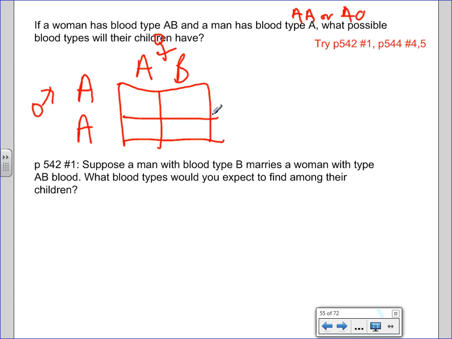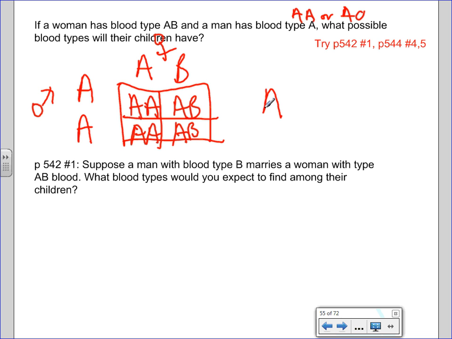Okay, so if he has both A dominant, then it could be AA, so that'd be type A. Could be AB, so that'd be type AB. So their children could have type A or type AB if he is AA.